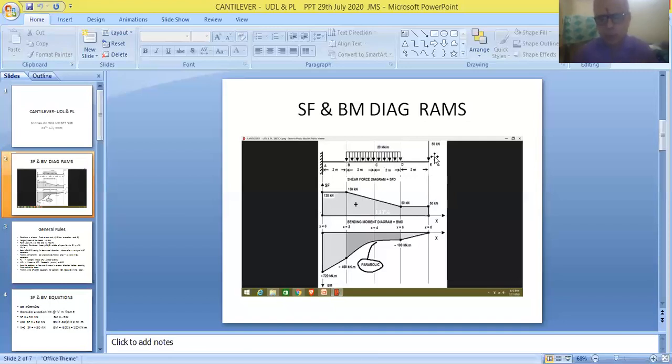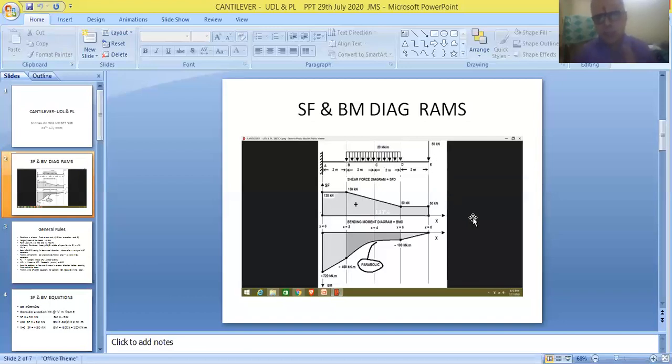Generally loads are expressed either in newtons or in kilonewtons, but here in this problem, all the loads are expressed in kilonewtons. So this is the way of representing a point load, also called a concentrated load, acting at the free end of the beam, with a magnitude of 50 kilonewtons.